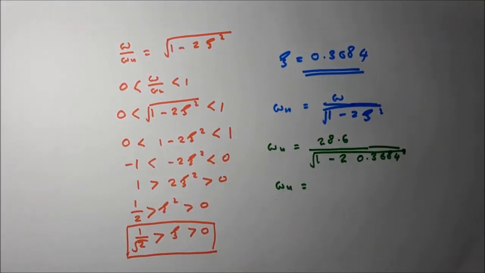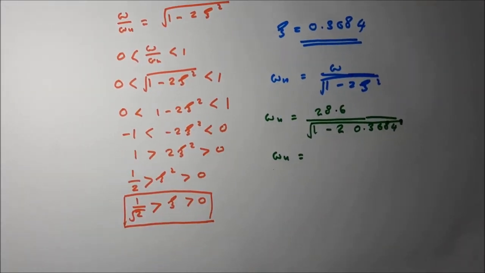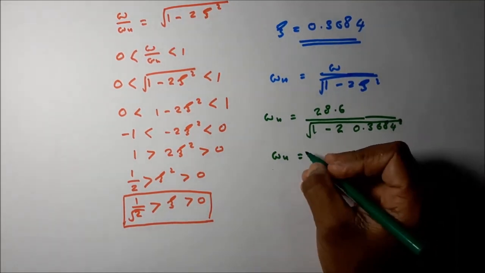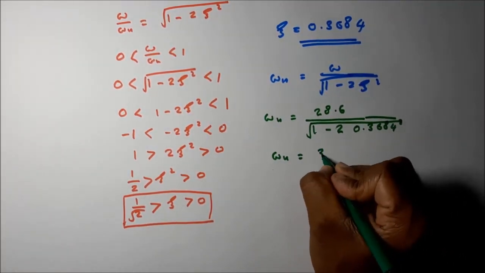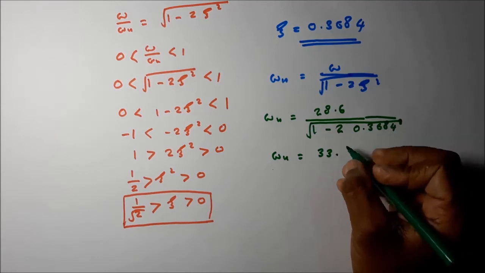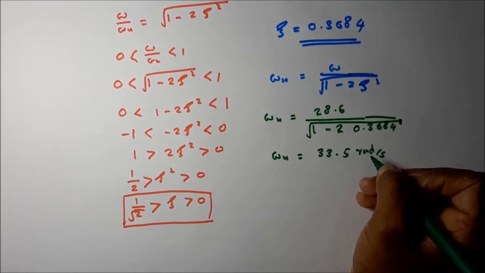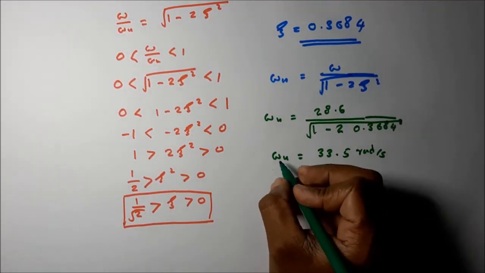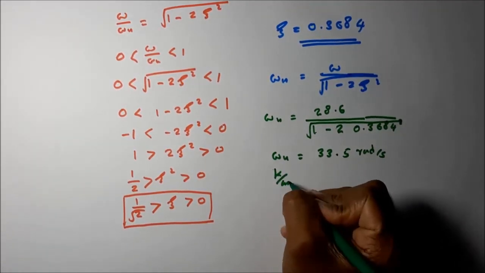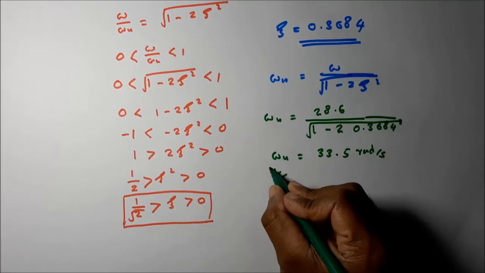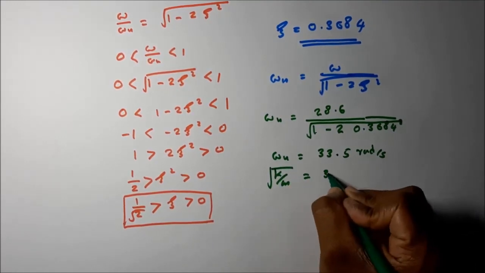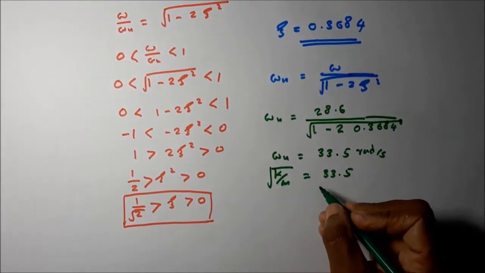By simplifying this equation we are getting omega n. I have already calculated this value. It is equal to 33.5 radians per second. So then omega n, that means the square root of k divided by m, is equal to 33.5 radians per second.